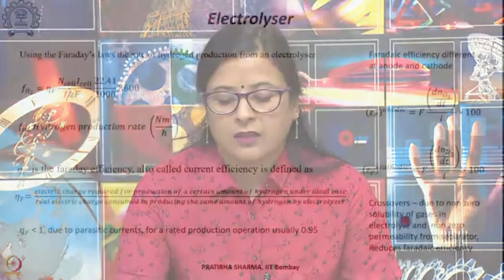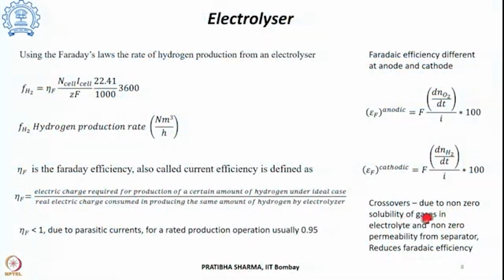All this crossover arises because there is a non-zero solubility of these product gases, oxygen and hydrogen, in the electrolyte. At the same time, the separator which is being used also has a non-zero permeability, and because of this crossover it reduces the Faradaic efficiency in the electrochemical cell.